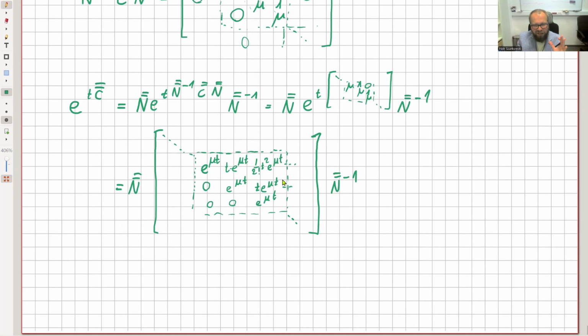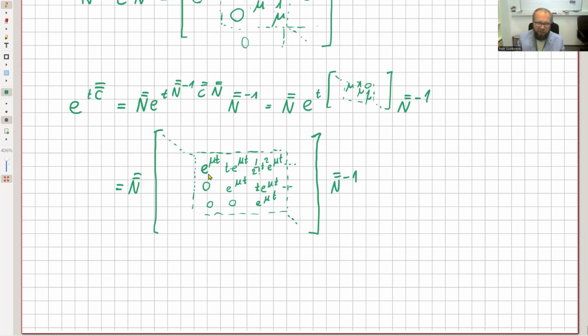And the thing to observe here is that there are some complications, not just e to the power eigenvalue times t. You have those other terms that will mix the different terms of the decomposition, but they have the form of a polynomial, but still times e to the power μt.